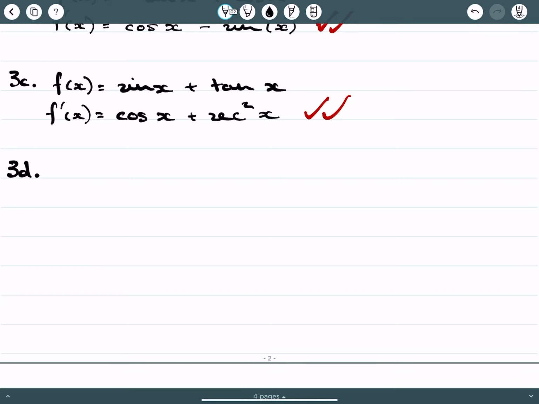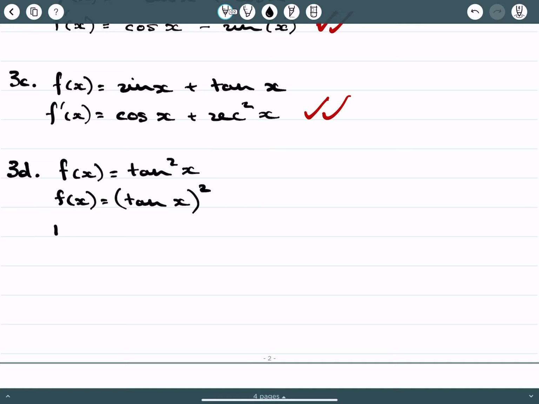When we look at question 3d, we get f(x) equaling tan squared x. I'm just going to rewrite f(x) as equaling (tan x) squared. I don't need to do this, but it makes more sense because I'm going to have to apply the chain rule here.